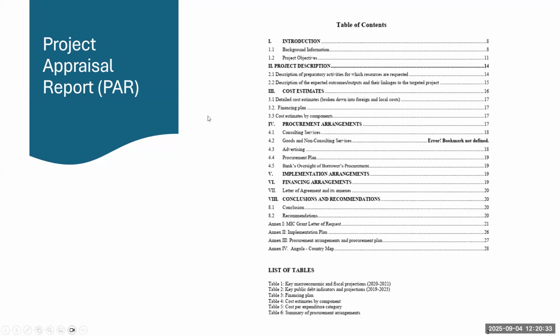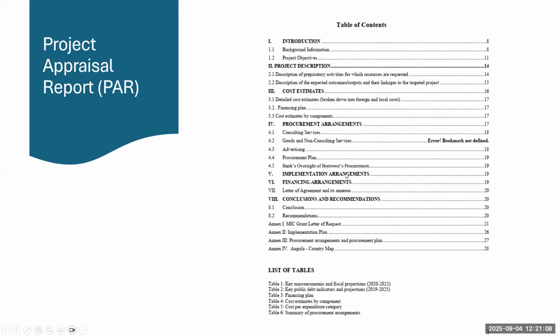Now, what is in a project appraisal report? This is what you may find in a project appraisal report. If I'm going too fast, you tell me. So this is the structure of the project appraisal report. You have the project description, the cost estimate, the procurement arrangement, implementation arrangement, financing arrangement, and then you will have detail in the annex.